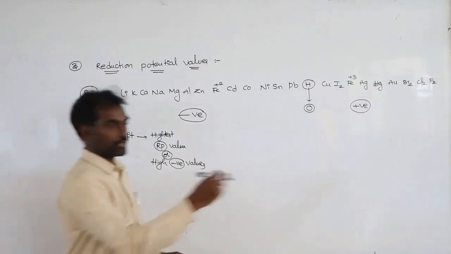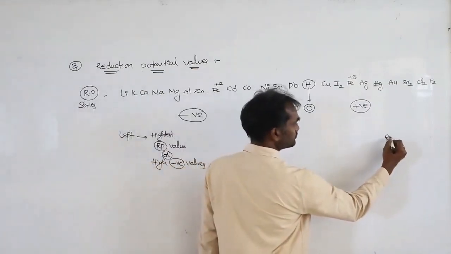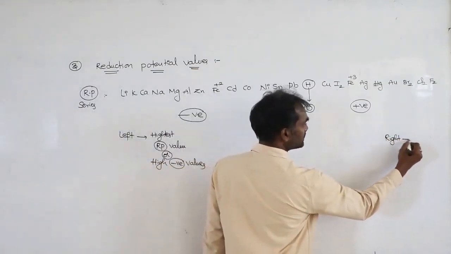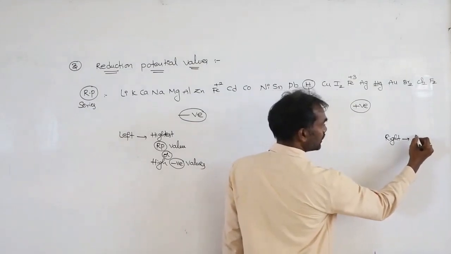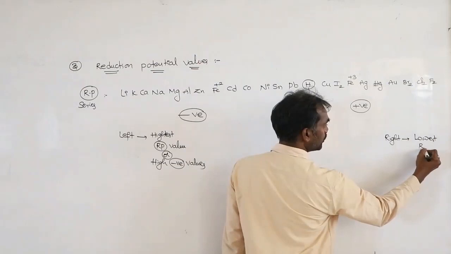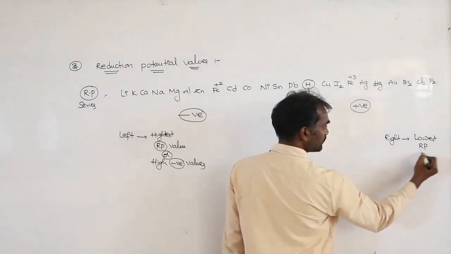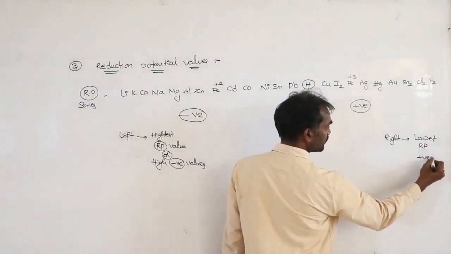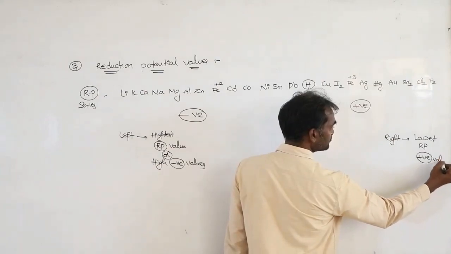The right side has the lowest reduction potential values, and these have positive values.